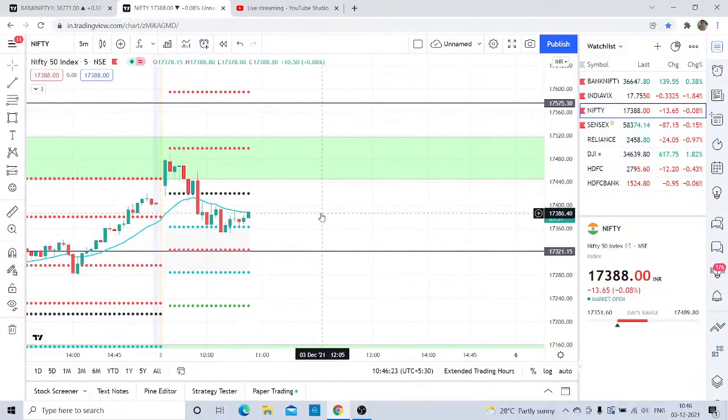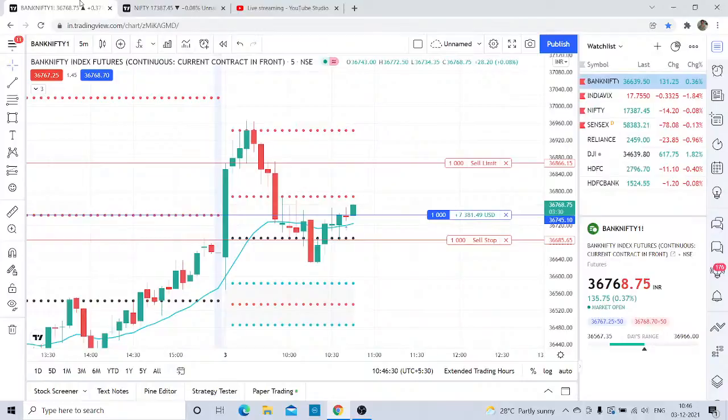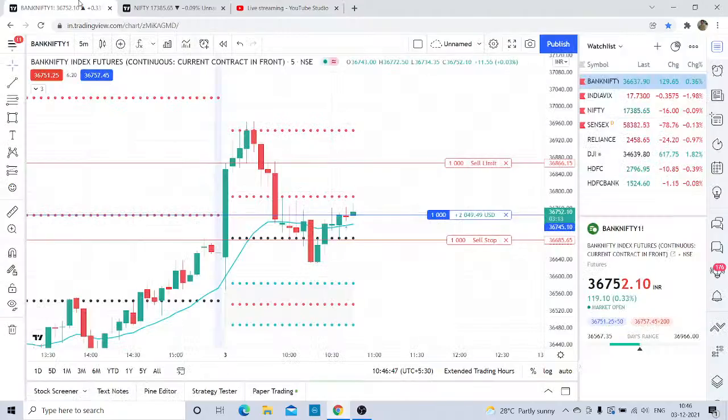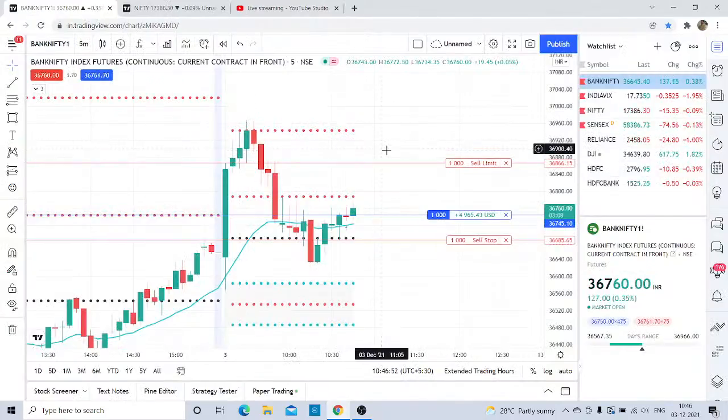There is no setup happening in Nifty today. Let's see if our target will hit or not.